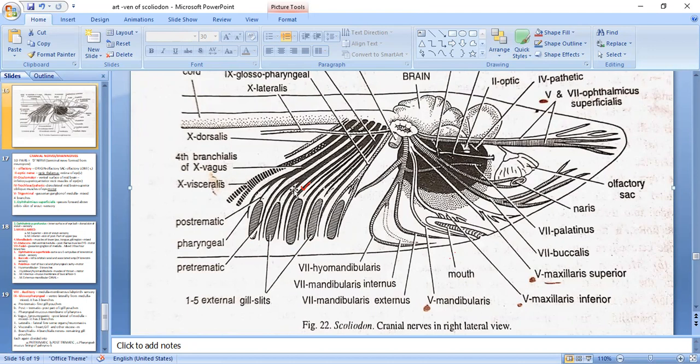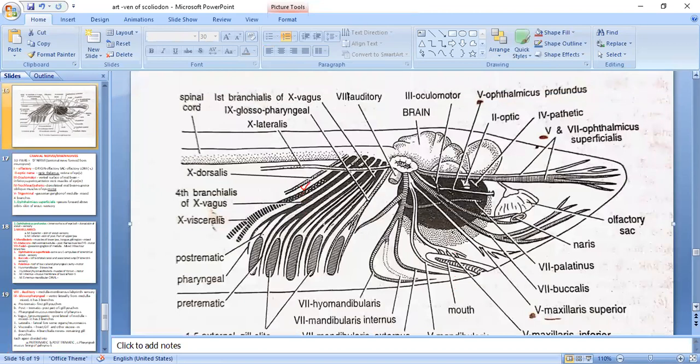So the 10th, the pneumogastric nerve, gives to most parts of the body. It collects the information and it also sends the signal according to what is given by the sense organ.